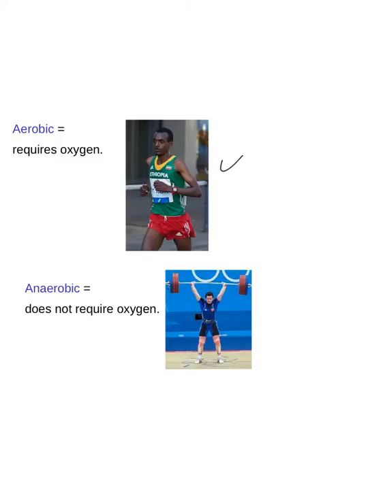Now, this guy still needs oxygen, but he's relying a lot on stored ATP energy to have one explosive effort. Certainly, if he was going to maintain that effort, he'd still need oxygen. Nevertheless, we're going to see two different forms of chemical reactions involved here. Some of them are aerobic and some of them anaerobic.